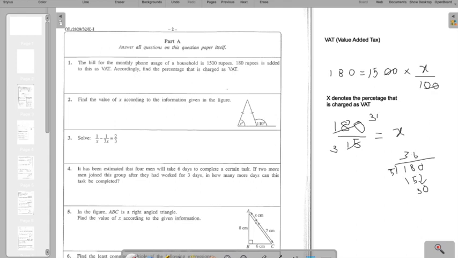This will be 36. When you divide 36 by 3, you will get 12%, right? 12. So you can put 12% equals x.